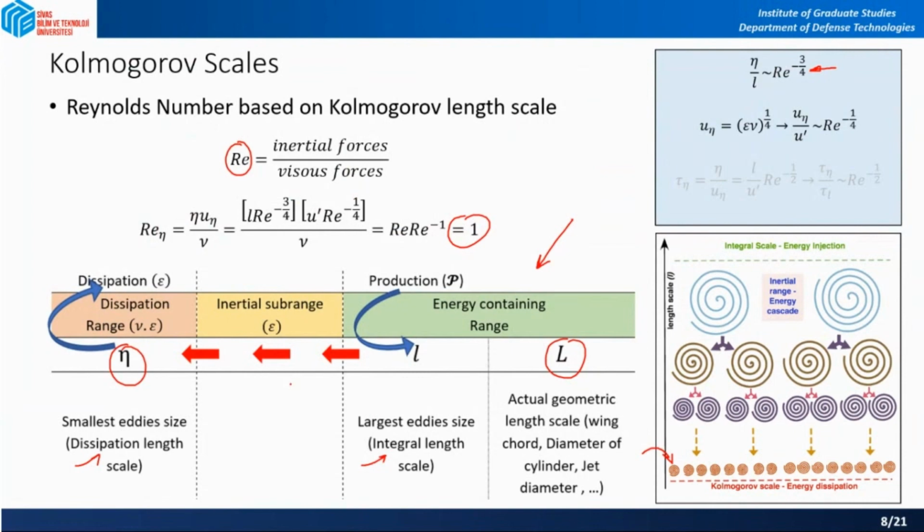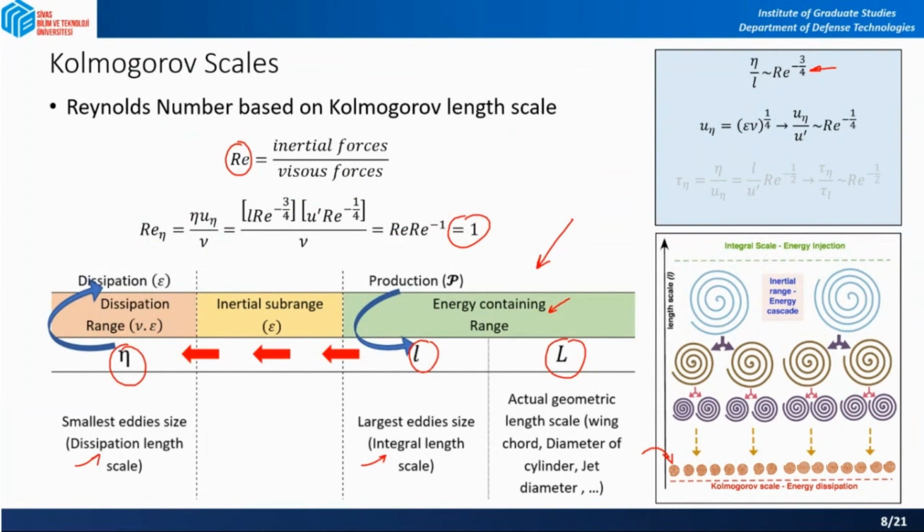The region where you have the largest eddies is called the energy containing range, this green range. And this region is very heavily geometry dependent. The actual value of capital L here and then the small l can be very different.